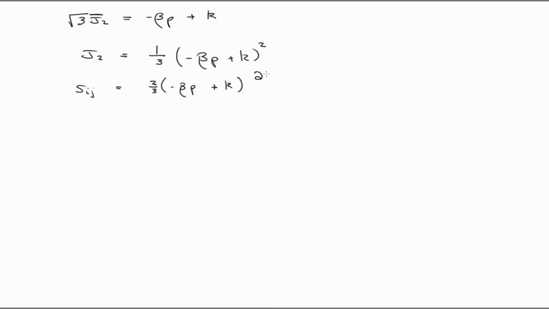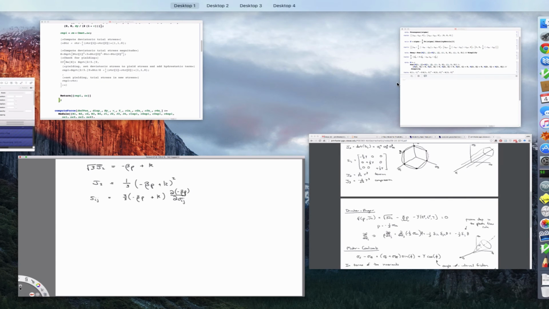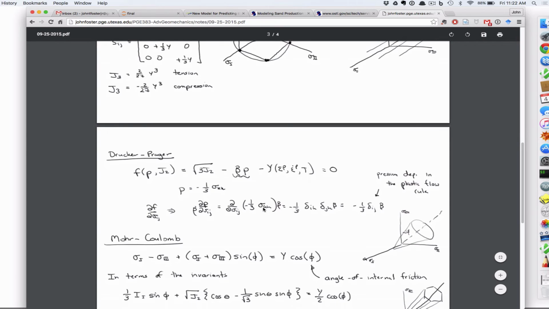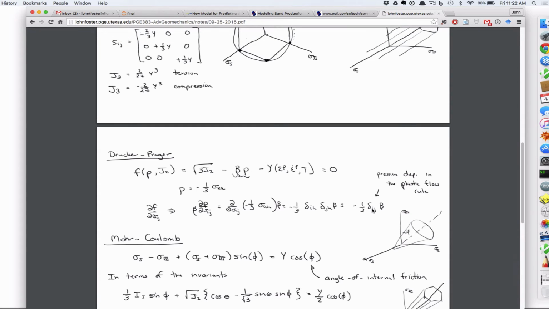And that term we've already established is delta ij, 1/3. We've already established that.